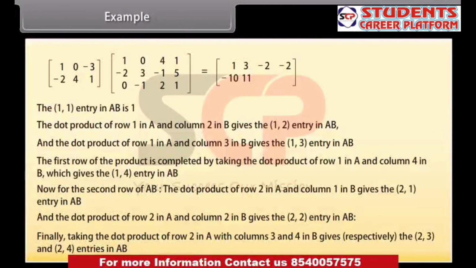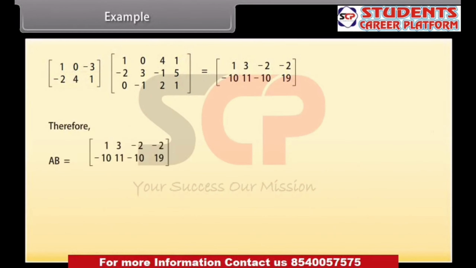Finally, taking the dot product of row 2 in A with columns 3 and 4 in B gives respectively the 2, 3 and 2, 4 entries in AB. Therefore, AB can be solved to the matrix row-wise first row 1, 3, -2, -2, second row -10, 11, -10, 19.